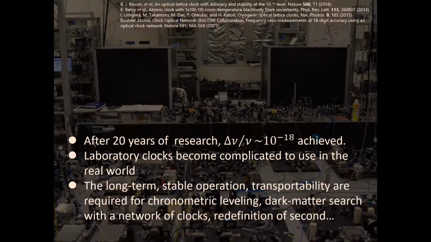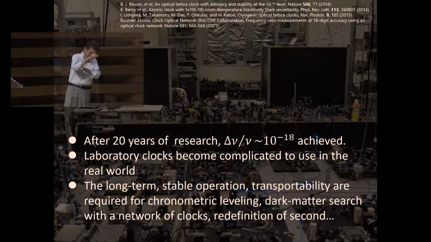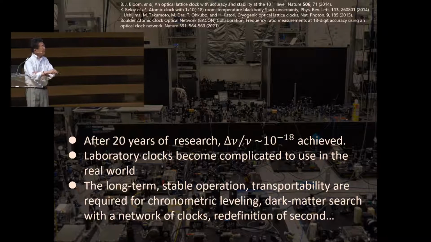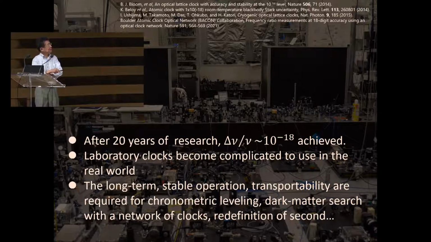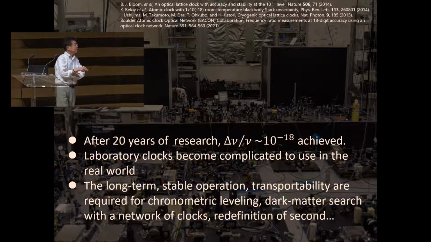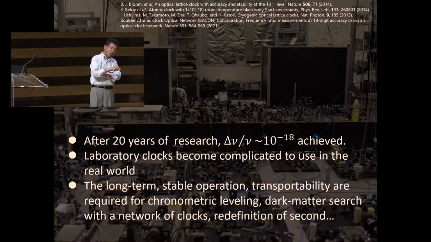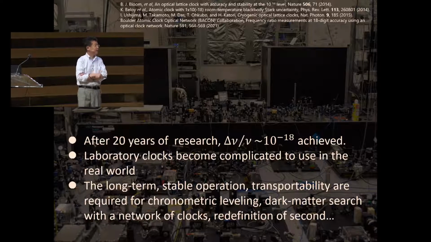After 20 years of research, 10 to the minus 18 uncertainty was achieved. But laboratory clocks may become more and more complicated to be used in the real world. For real-world applications, long-term stability and transportability are required.